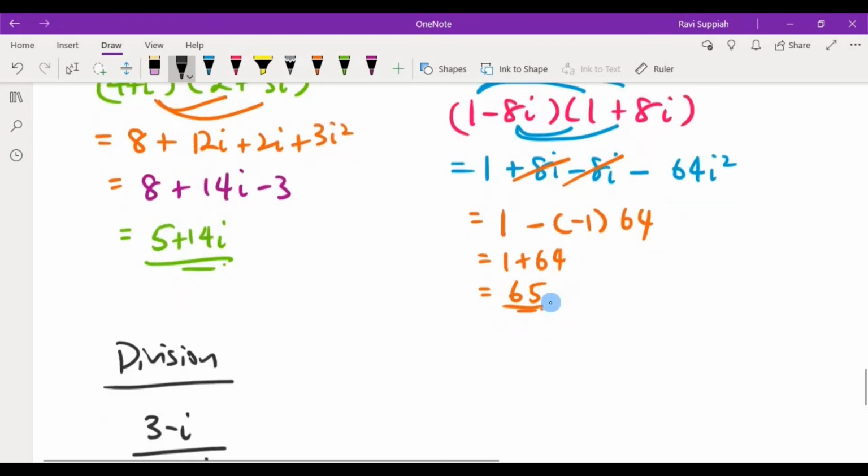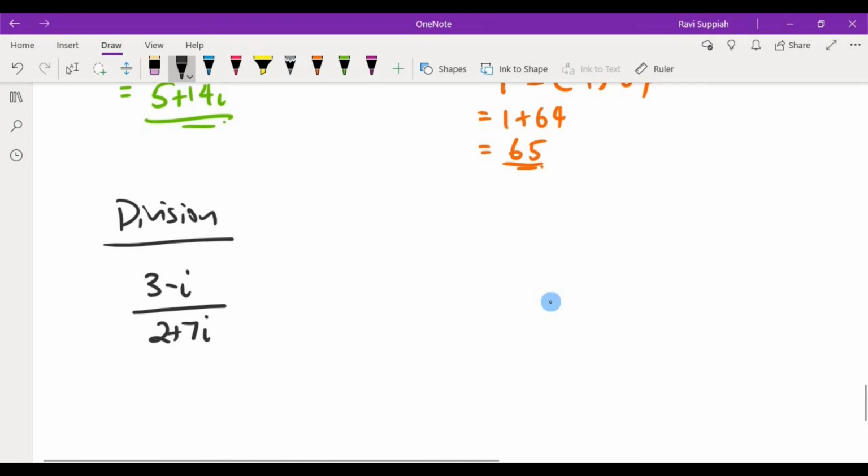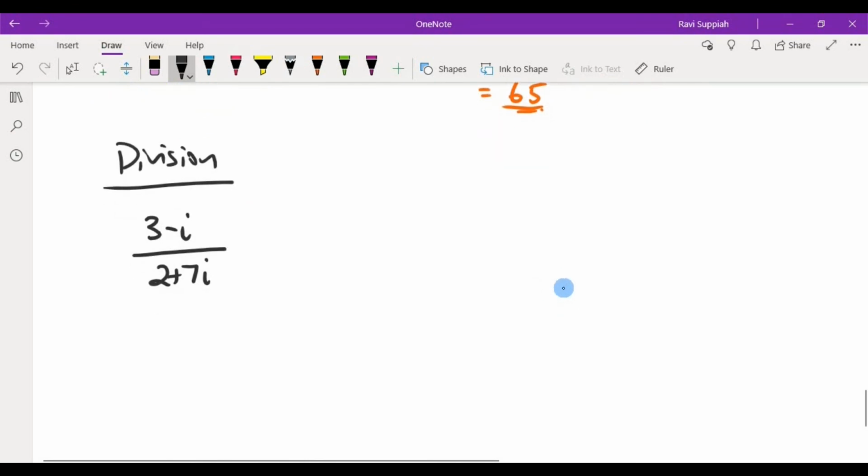So that is the direction we must take, where we want to eliminate the imaginary part in the denominator. So I need to multiply both the numerator and denominator by the complex conjugate of the denominator, which is 2 minus 7i over 2 minus 7i.